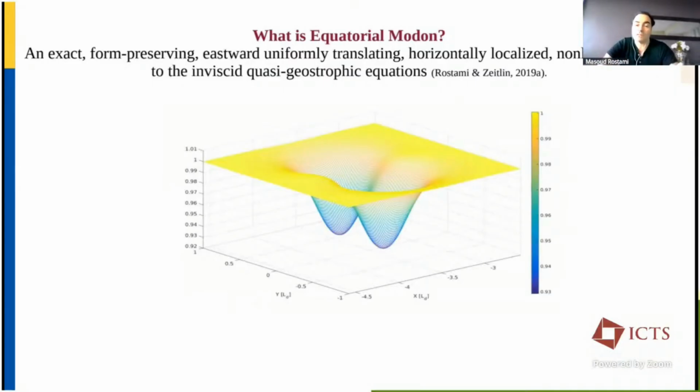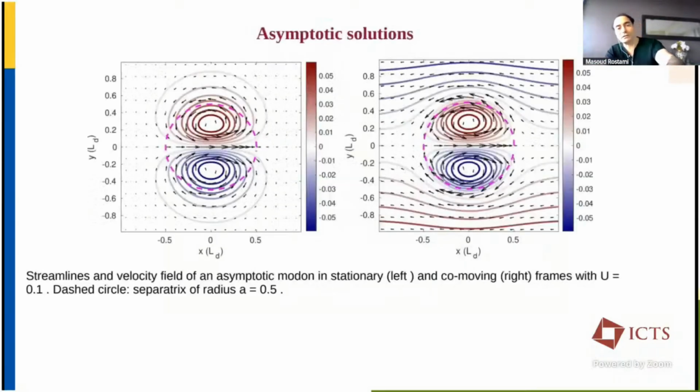Once you initialize the system with an equatorial modon, it goes eastward forever in the idealized system without moist convection. And if you initialize the system with just the velocity field that comes out of the Charney regime, it goes eastward, and the pressure field will be created by the system. So it's amazing because if you initialize the system with just the velocity field, no pressure, using this asymptotic solution, the pressure field will be created automatically.